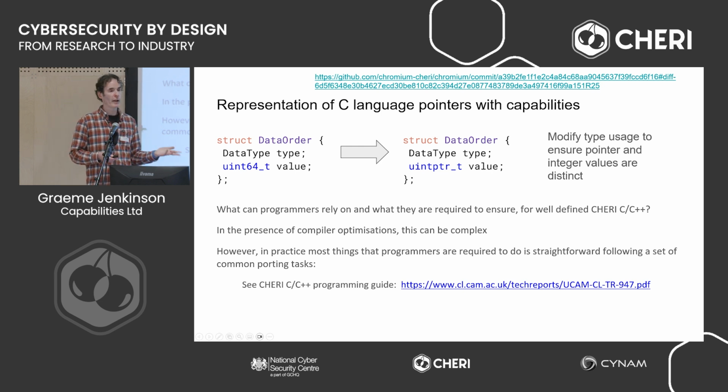And on a conventional architecture, that completely works, because on the earlier slides, we saw that a pointer is just an integer. So this is absolutely fine. It's in some kind of way incorrect usage of this type, but it will totally work. But it doesn't work on CHERI, because I need to maintain that distinction between what is an integer value and what is a pointer value. And how I do that is by using types.